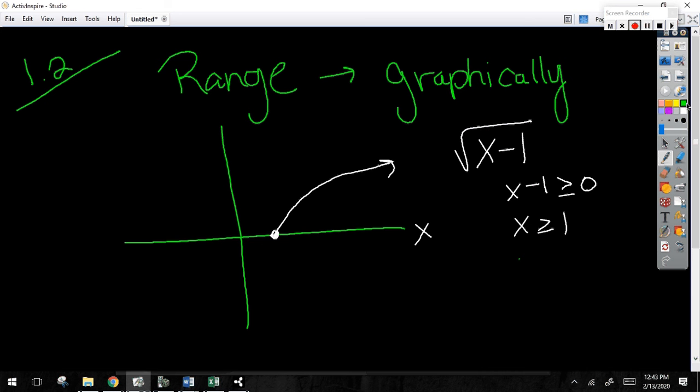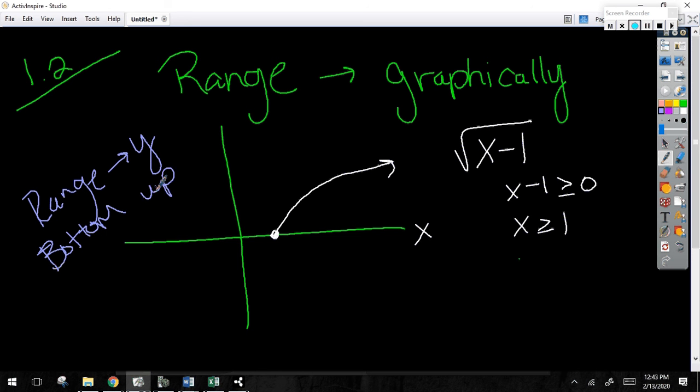Okay. So now range is my y, right? So if I want to talk about range, I want to look from the bottom up. Because we are only going to do range graphically. What is the lowest point on the graph?